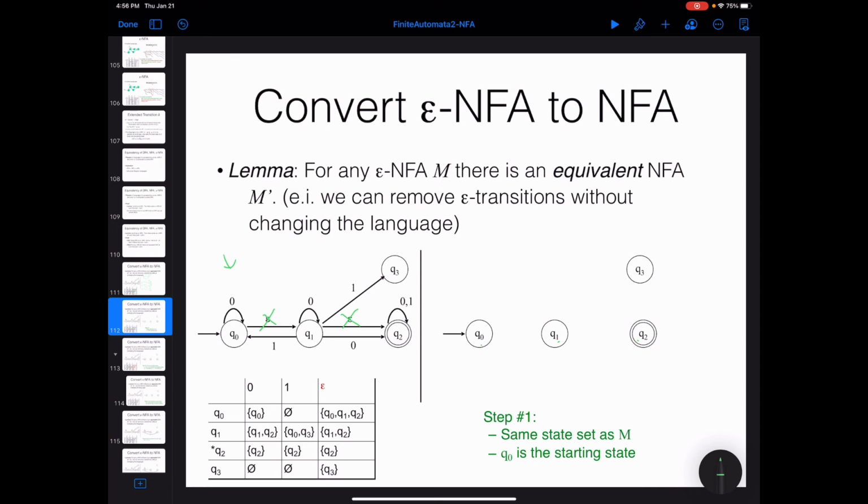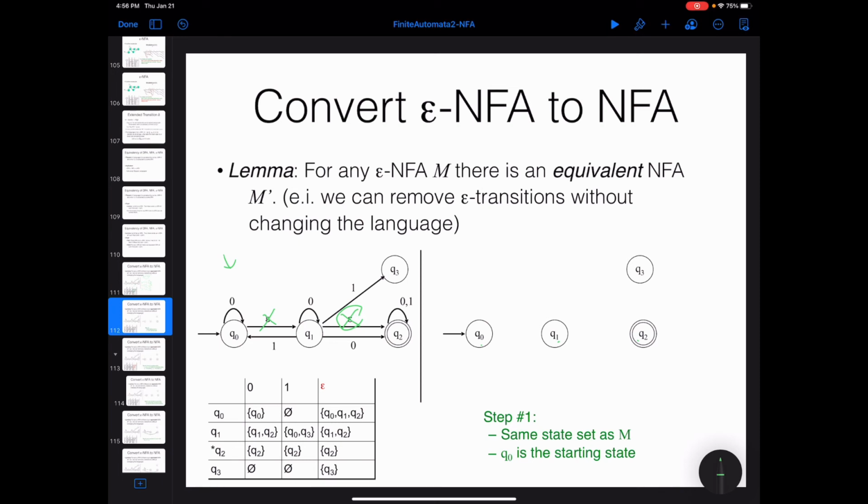But for removing the epsilon transitions, I probably need to add more transitions. The main thing that's going to change here is the transitions. All the states are going to be the same, but the transitions will be different. We will have more transitions. Not only that, the accepting states are going to be more.